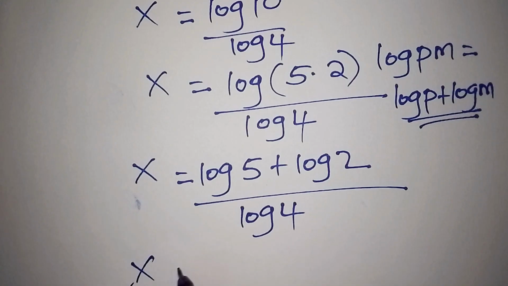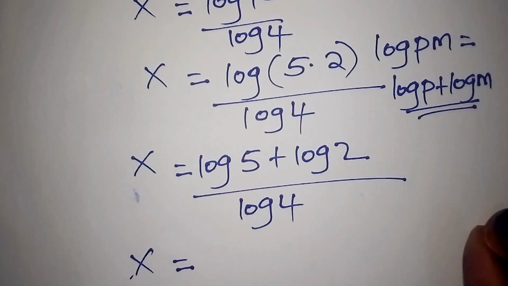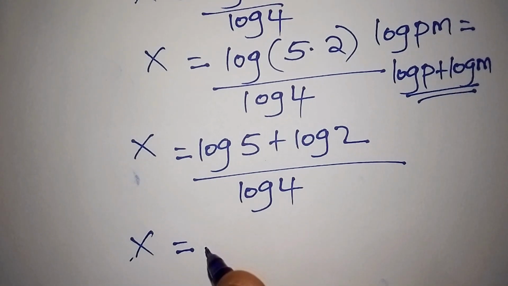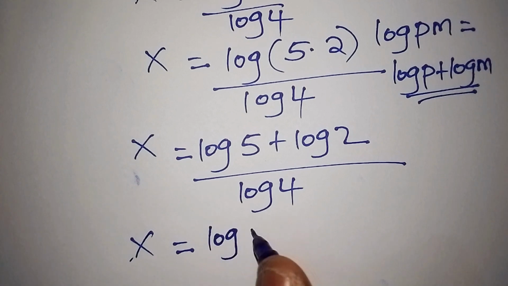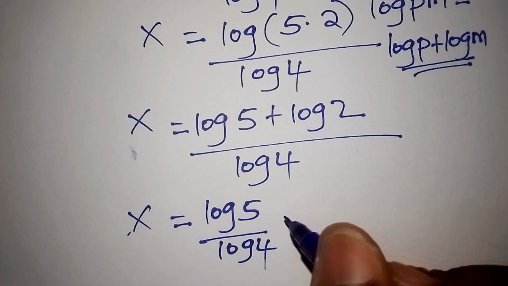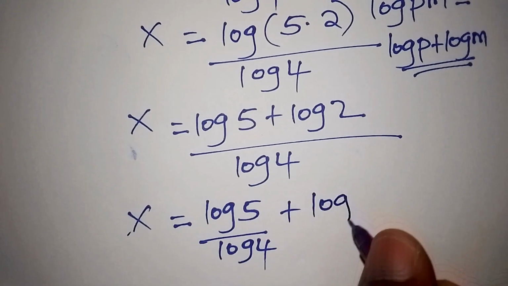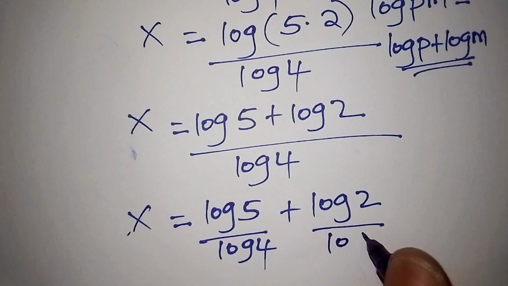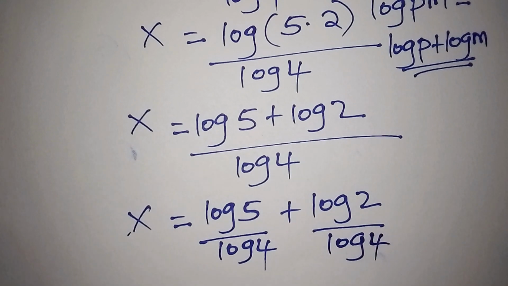Now the value for x is equal to, we divide by the log of 4, so we have the log of 5 all over the log of 4, plus log 2 all over the log of 4.